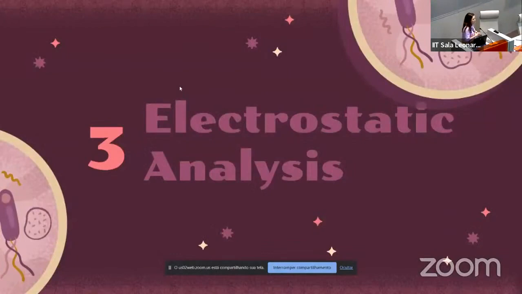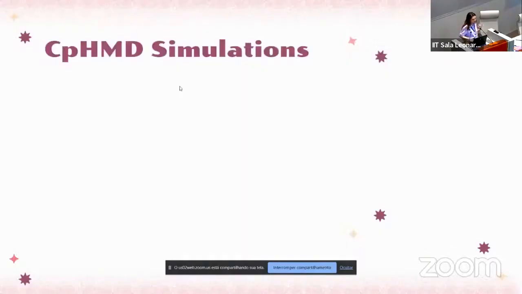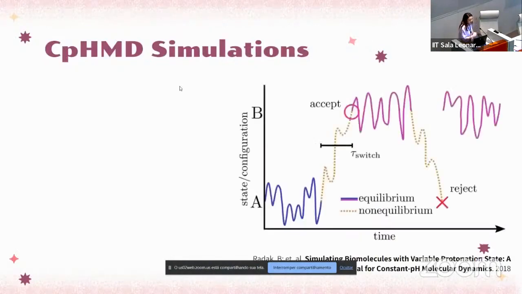The electrostatics of these peptides we studied by doing constant pH molecular dynamics simulation. I used the method that was developed by Brian Radak and Benoit Roux, which consists of doing the simulation with a chosen protonation state for the residues, and then you choose one residue to change and do a switch that is a non-equilibrium simulation.